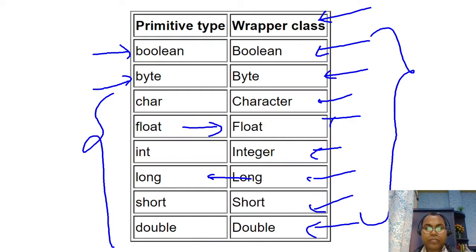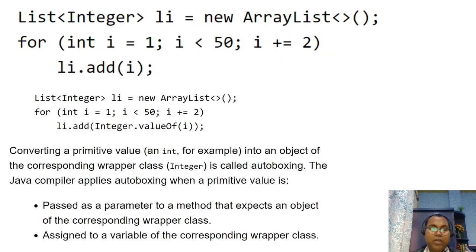Okay. Sometimes we do not want to pass the primitive int, but we want to pass the Integer object. So you can do it manually, or the compiler does it automatically. When the compiler does it automatically, it is known as autoboxing. You can manually do it as well. Let us see an example here.